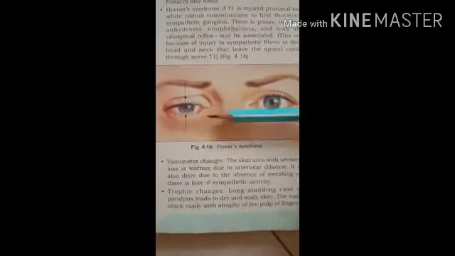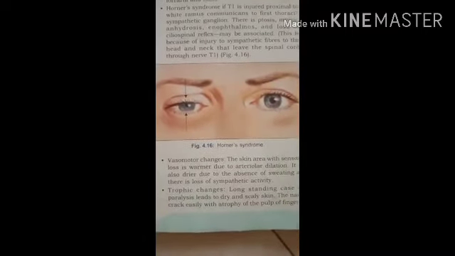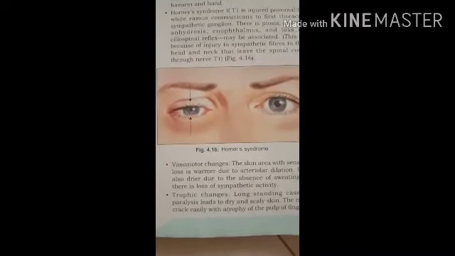So these are the clinical points related to the brachial plexus.